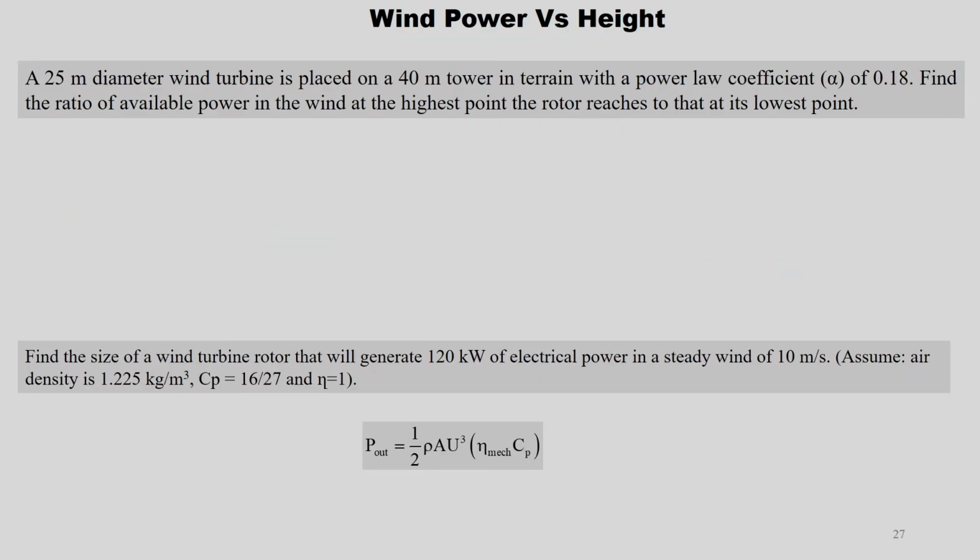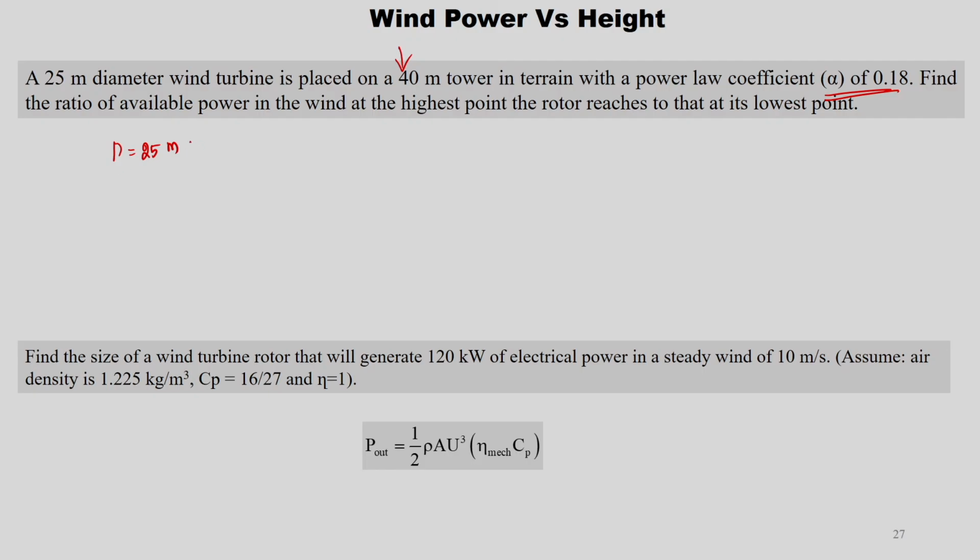Then the next practice problem would be on power versus height. Here the wind turbine diameter is given as 25 meter and is placed on a 40 meter tower in terrain with the power law coefficient alpha, which is 0.18. Find the ratio of available power in the wind at the highest point of the rotor and the lowest point.